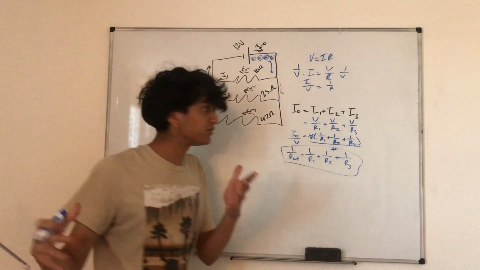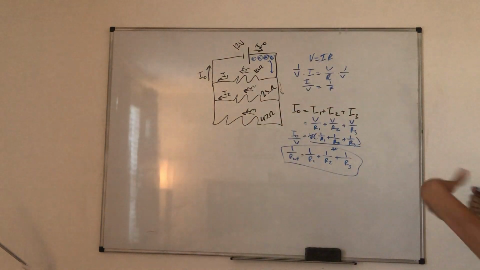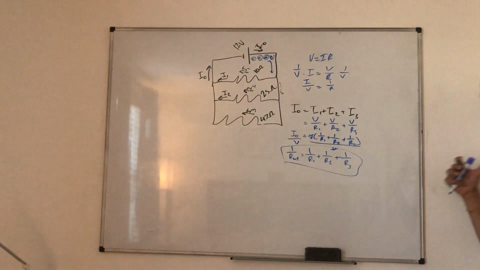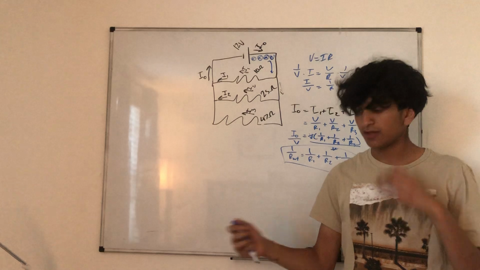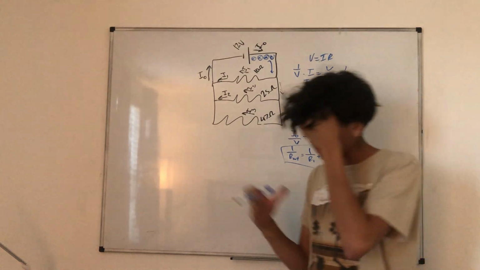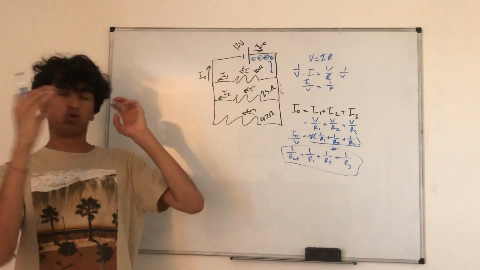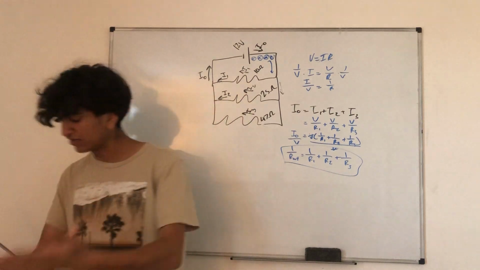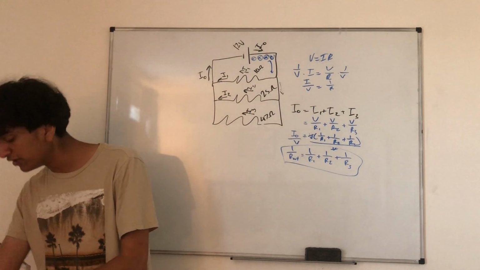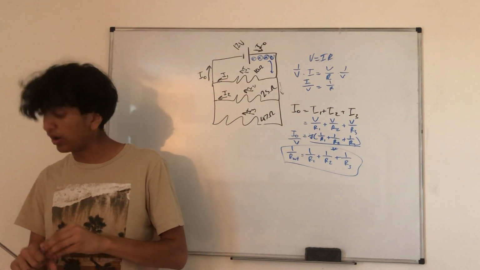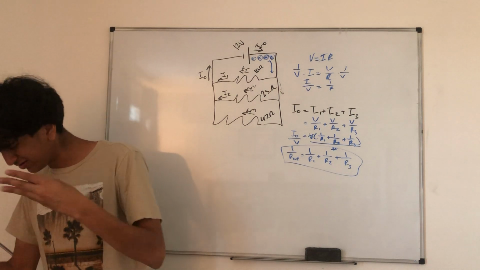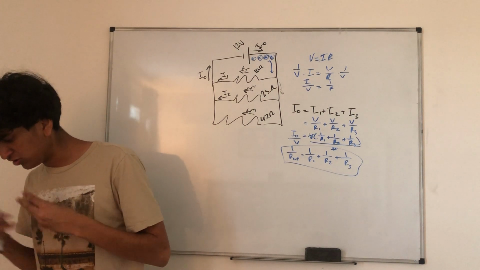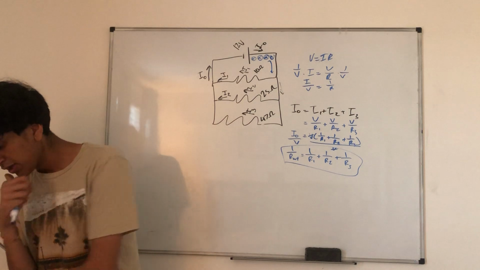If you add up the reciprocals of each of their resistances, it'll equal the inverse of the total resistance. If that's flying over your head, we'll do practice problems with this equation. You can also see in your data, when you wrote down the inverses of each resistance, it should have added up to the inverse of the total.